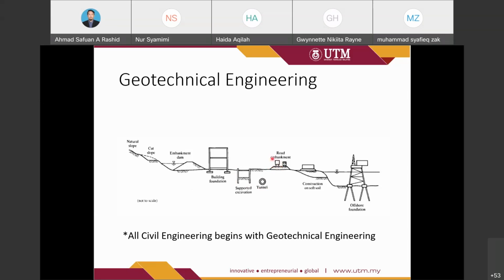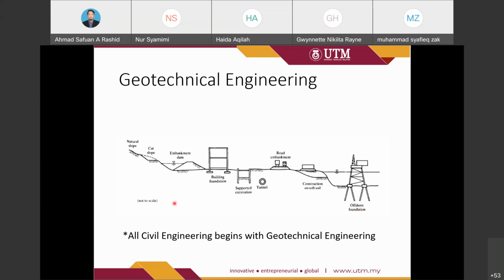Then we have constructions on soft soil, for example, to build a harbor nearby the sea, seaside. The last thing will be offshore foundations, where they build an offshore platform, and rest on the ground itself.